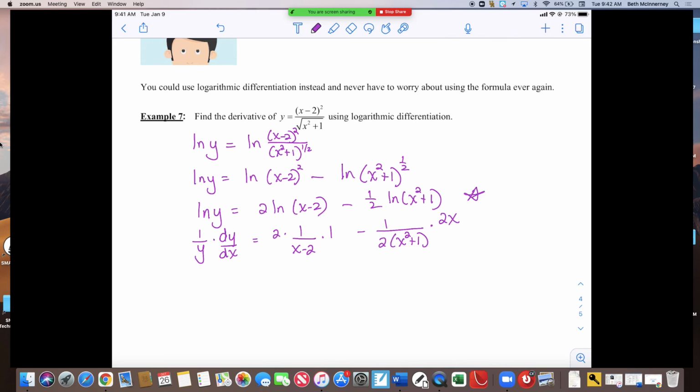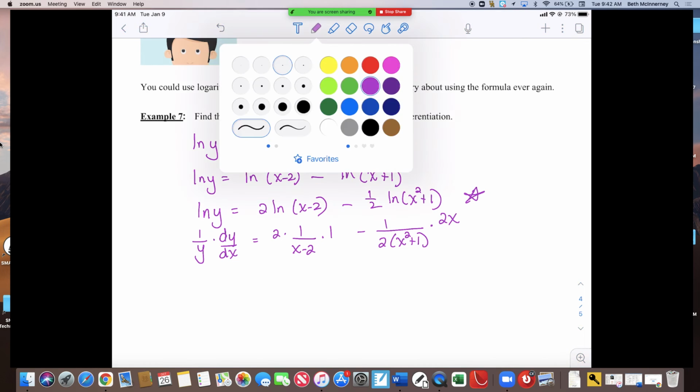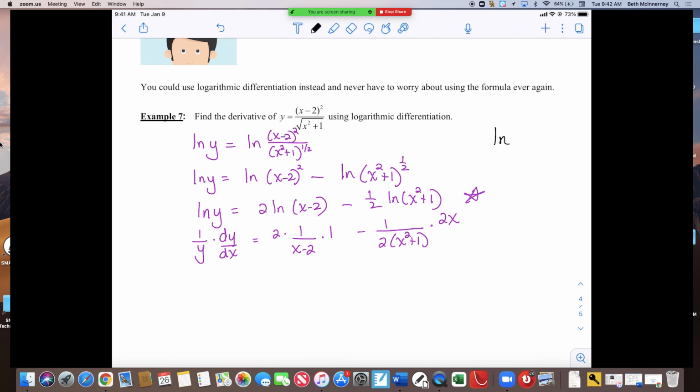This is not the derivative. I was not taking a derivative there. I was still using my power property for logarithms. I know, and that's tricky. You're like, okay, wait a minute, I brought down the power. Well, that was not a derivative. That was the natural log of x to the p. You bring down the power. That's just that property.